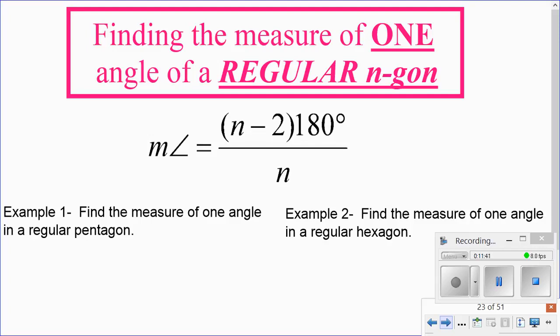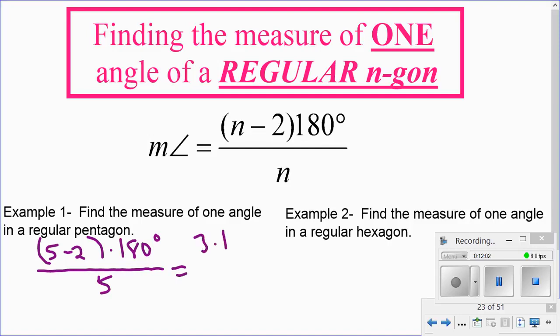So find the measure of one angle in a regular pentagon. So we know that's 5 sides. So we're going to take 5, subtract 2, and multiply that by 180. That'll give us the sum of all the interior angles, and then we'll divide that by 5 because there are 5 angles. So that's 3 times 180, and we'll divide that by 5.